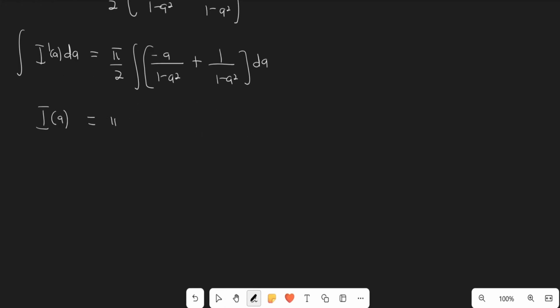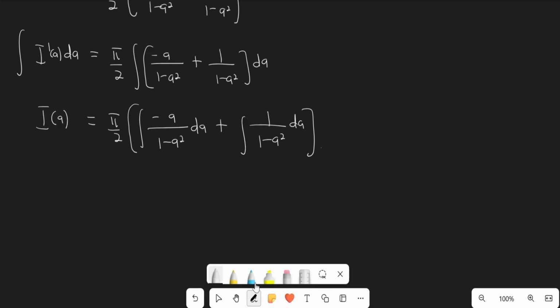And then we have pi over 2, which is a constant, and then I am now going to integrate negative a all over 1 minus a squared dA, and then plus the integral of 1 all over 1 minus a squared dA, all multiplied by pi over 2 in front.